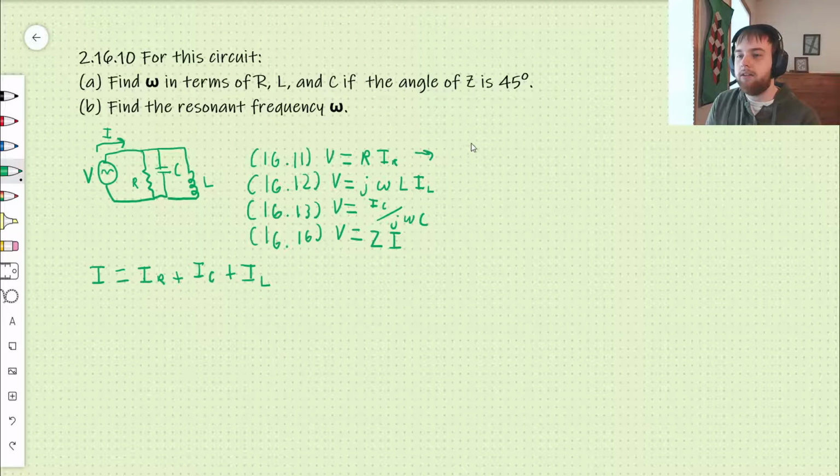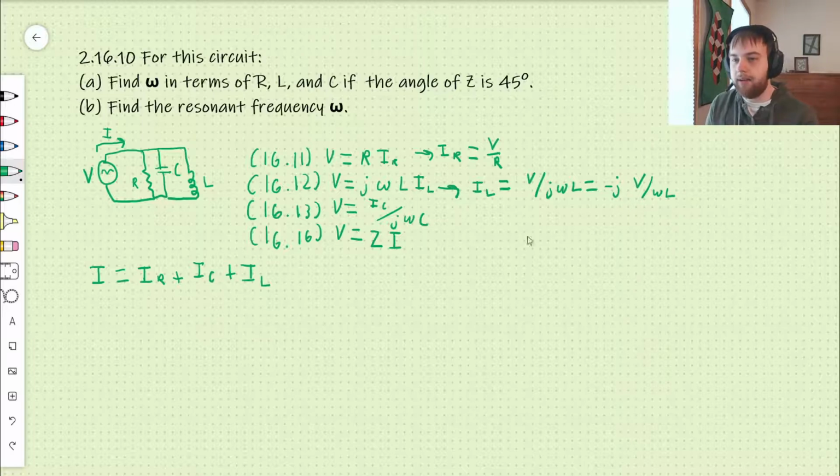For the resistor, we can solve for this as V over R. For the inductor, the current equals V over J omega L, which we will further rewrite as negative J V over omega L. If you have a J on the bottom of a fraction, you can put a negative sign and swing it up to the top.